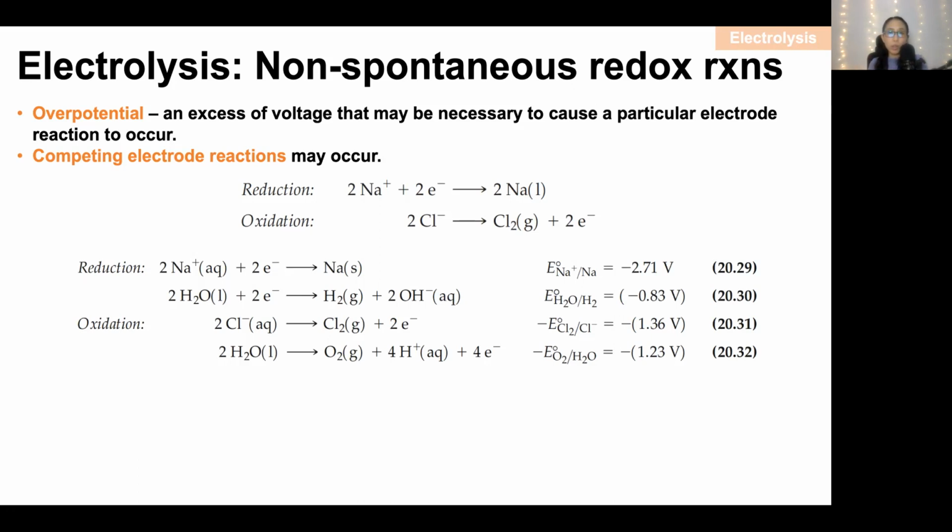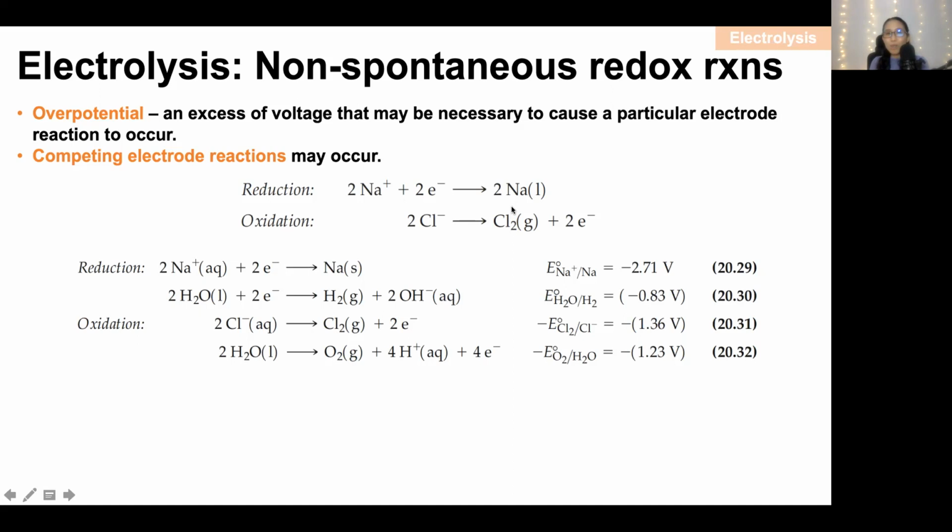However, if your sodium chloride is dissolved in water, so you have aqueous sodium chloride, right? And this is the one that you will electrolyze instead of molten sodium chloride, then there will be competing reactions because water can be reduced to hydrogen gas. Water can be oxidized to oxygen gas. So the presence of water complicates the scenario.